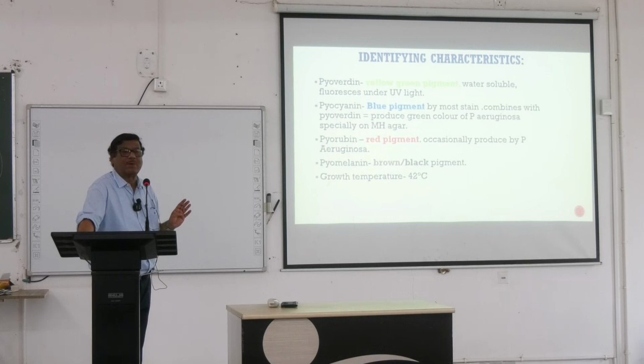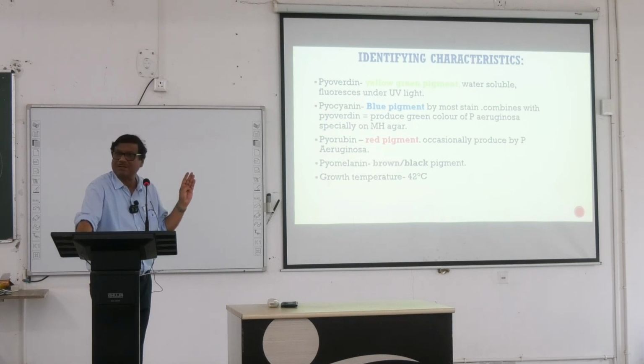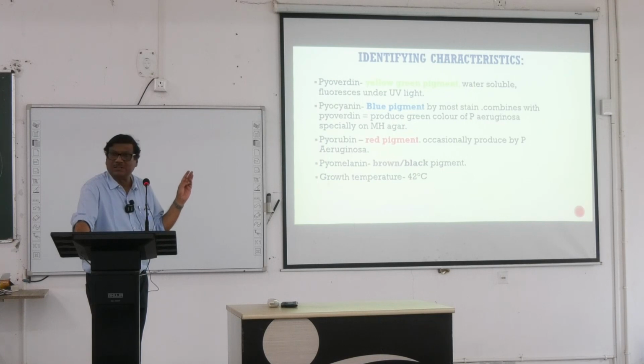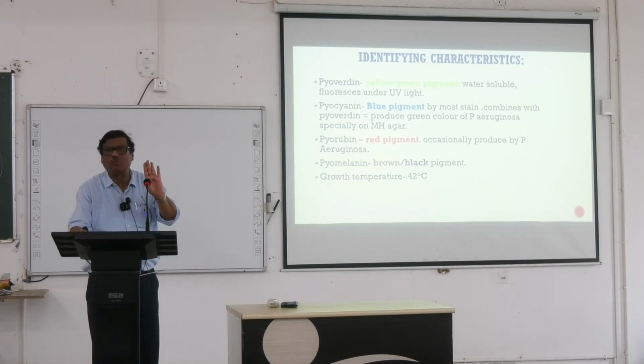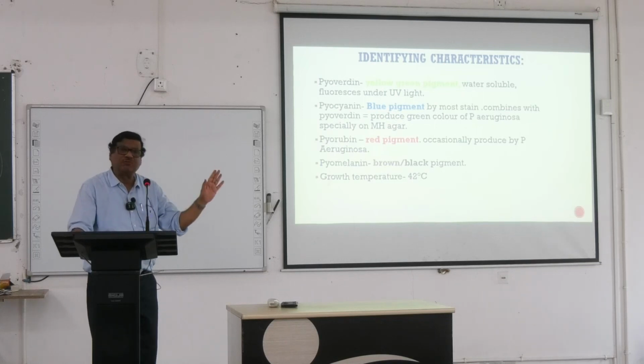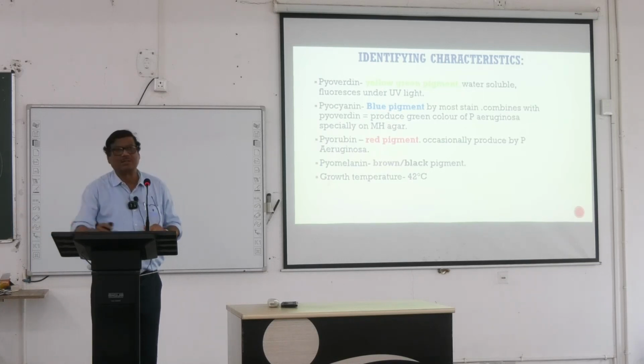So this is another important point to identify Pseudomonas groups. So now we are getting 4 points. One is non-fermenters. Number 2 is oxidase positive. Number 3 is motility. And number 4 is the growth temperature of 42 degrees centigrade. Just remember these 4 points by which we will be able to differentiate all these group members of Pseudomonas.